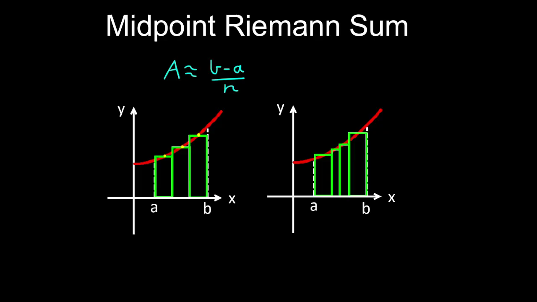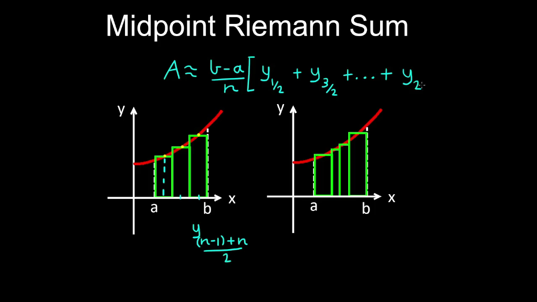Then multiplying this by the y value at the midpoint of each rectangle, we have y at 1/2, and then plus y at 3/2, and so on up to y, and the index of this final y value will be n minus 1 plus n on 2.